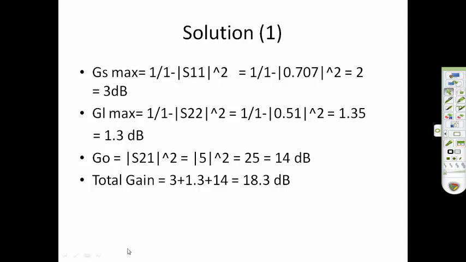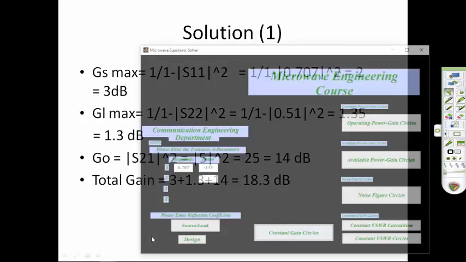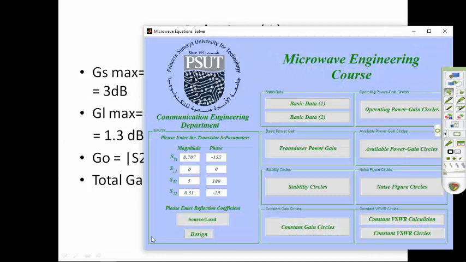So we want to substitute the S parameters into the microwave equation solver. We have 0.707 with minus 155, 0 here, 0 phase, 5 for S21 with 180, and S22 0.51 with minus 20.